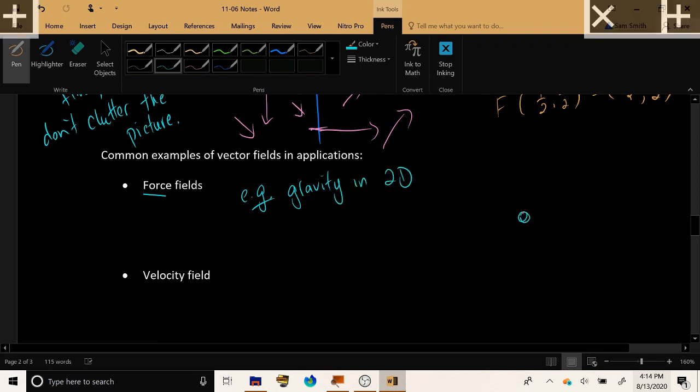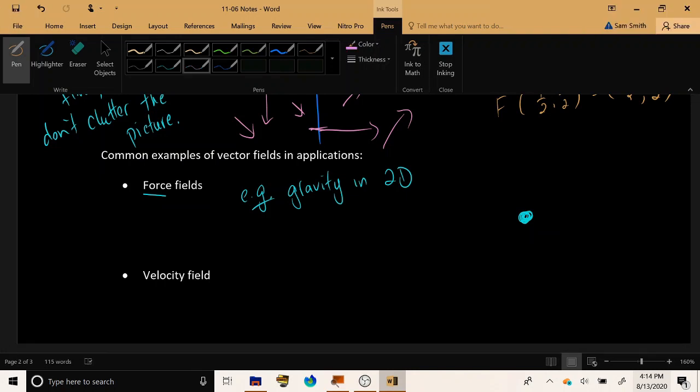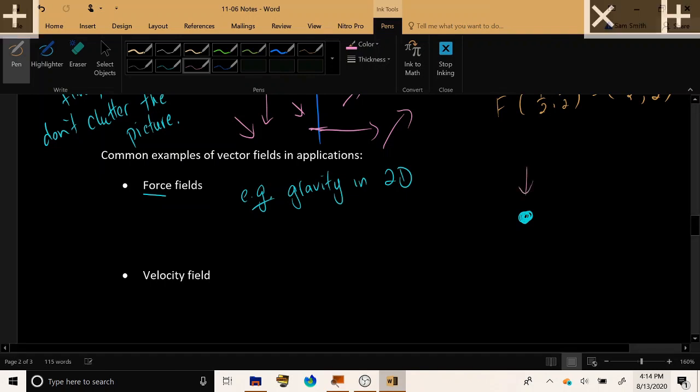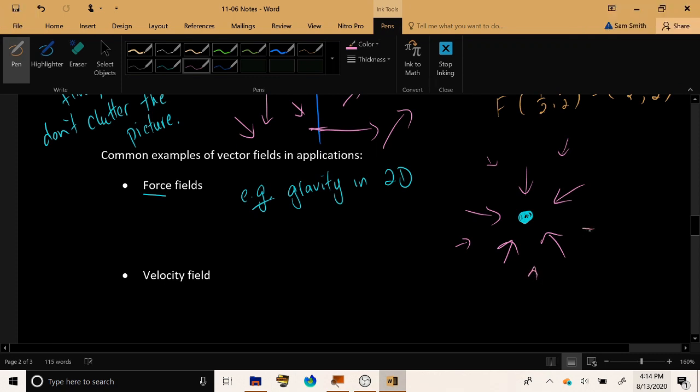You have some central object which has some mass, and because of its gravity, it's exerting a force on objects all around it, pulling in objects toward it. And the magnitude of the force gets smaller and smaller as you move away from the object. That gravitational force gets weaker and weaker. So this would be an example of a gravitational force field.